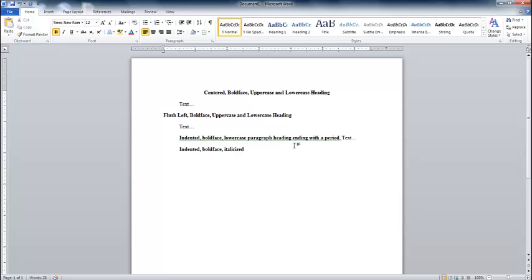So let's italicize it now. Lowercase, paragraph heading, ending with a period. So then our text would go right after.